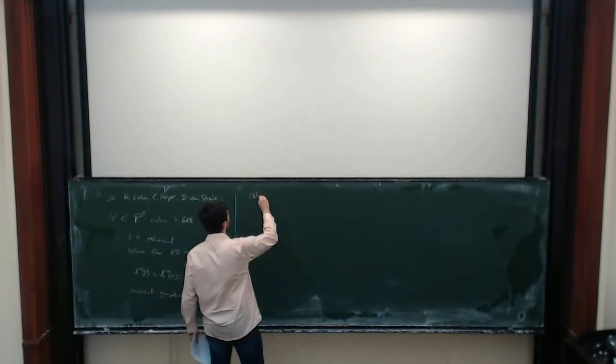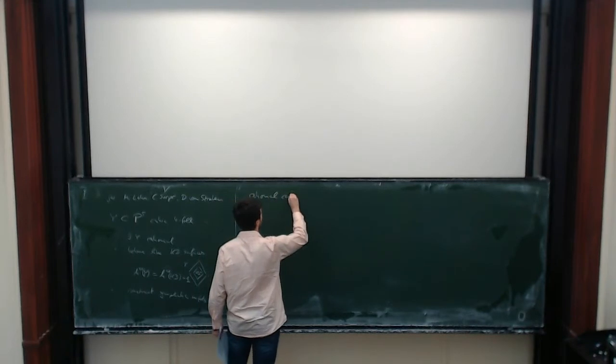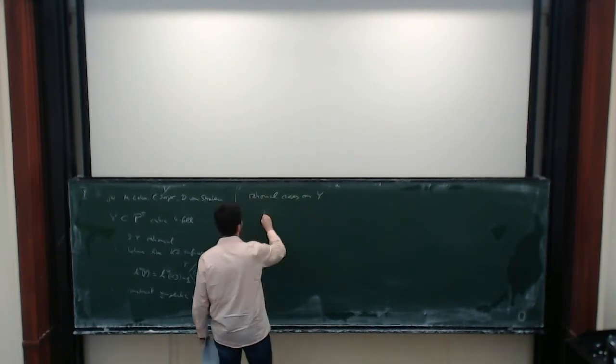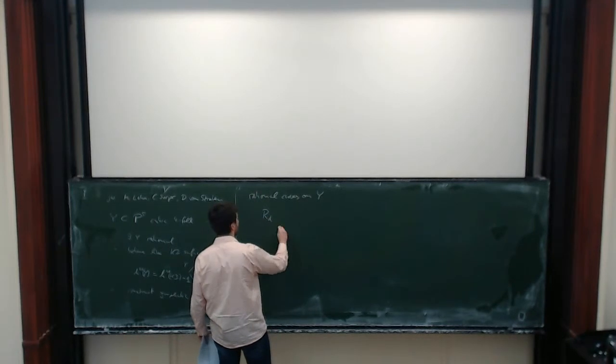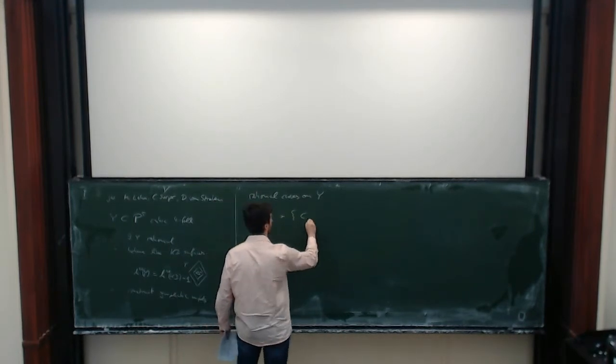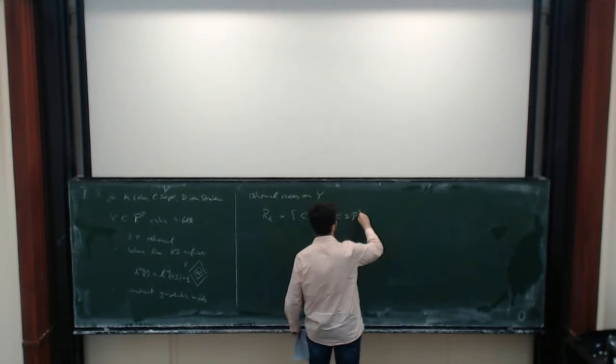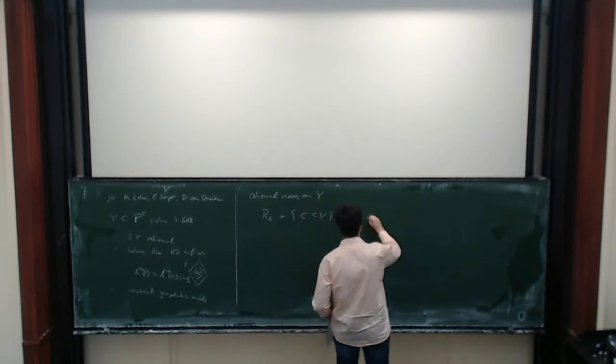So what we do is that we look at moduli spaces of rational curves on cubic fourfolds. So let me denote by R_d the space of rational curves in Y of degree d.